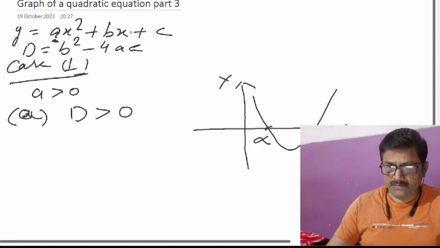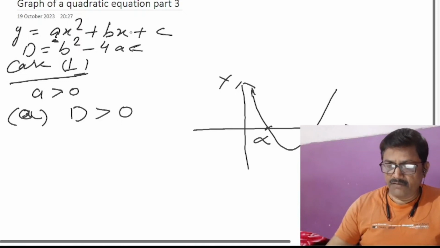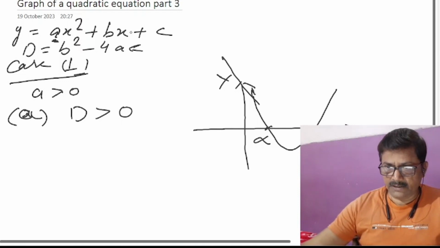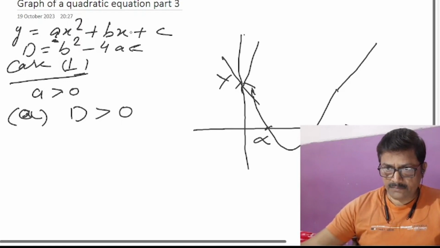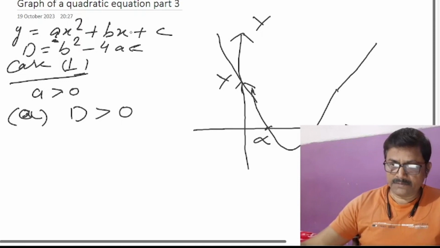Now see where this graph is positive and where this graph is negative. The value of the graph means the value of y. Y is positive in this area, the graph is going like this.